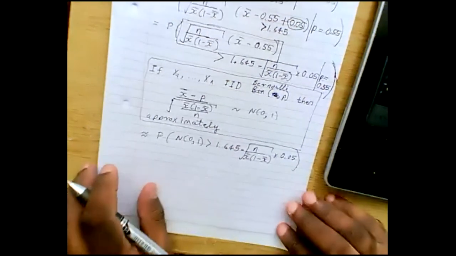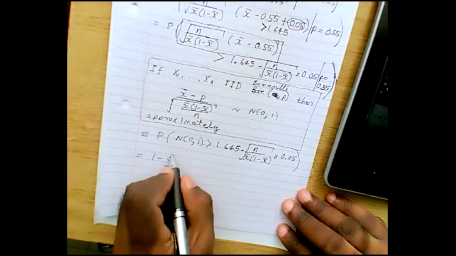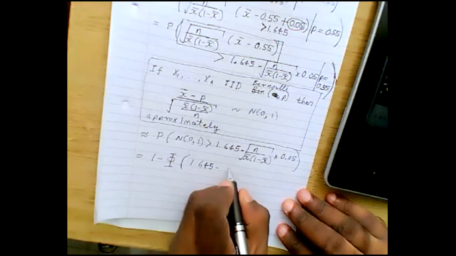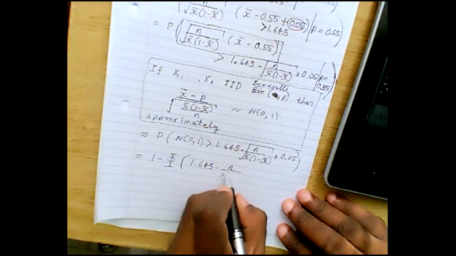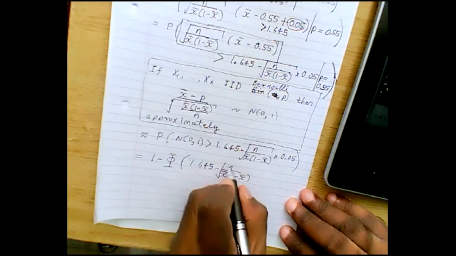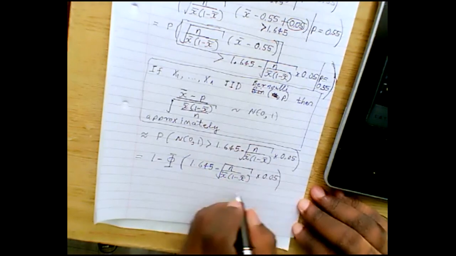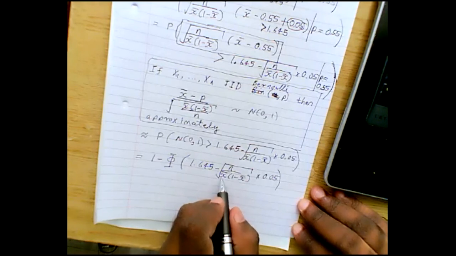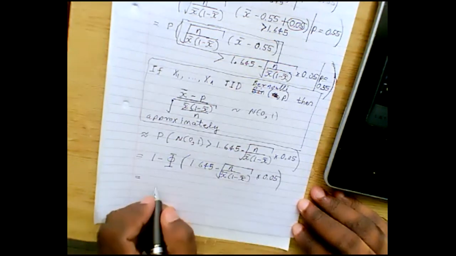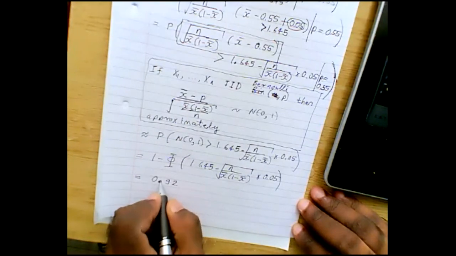Then this you can write as 1 minus capital Phi at 1.645 take away this, multiplied by 0.05. Now you can sub in the value for n and the value for x bar. If you do the math, you will get the answer to be 0.992.